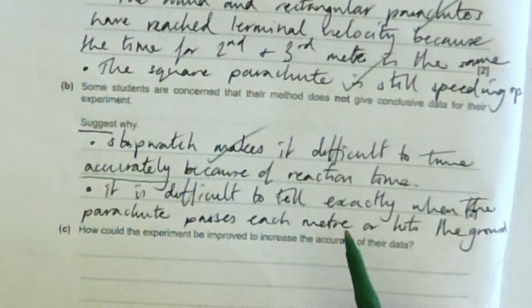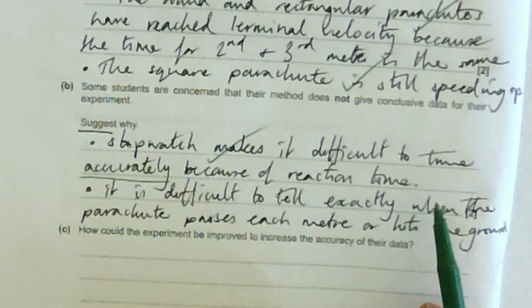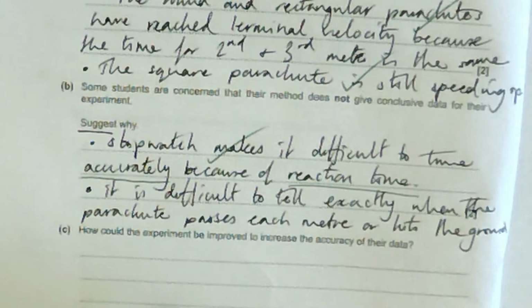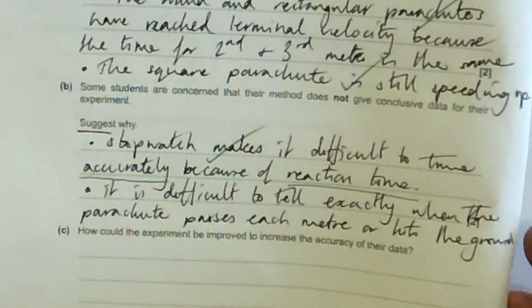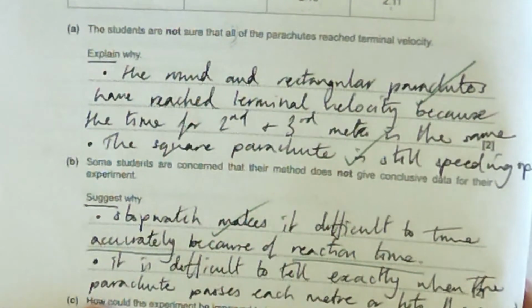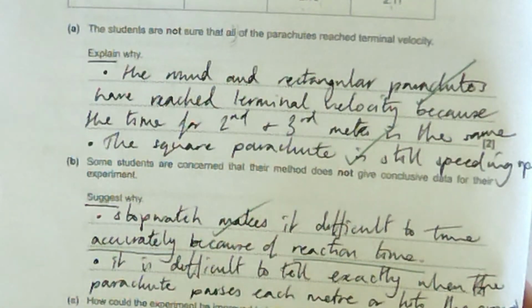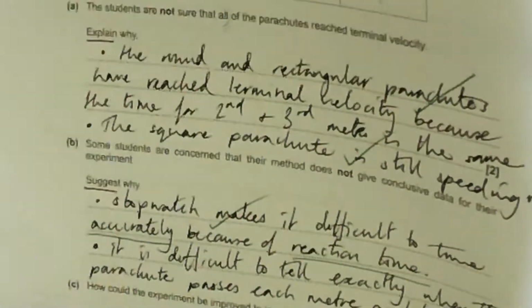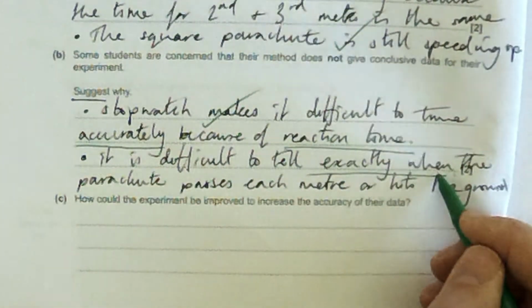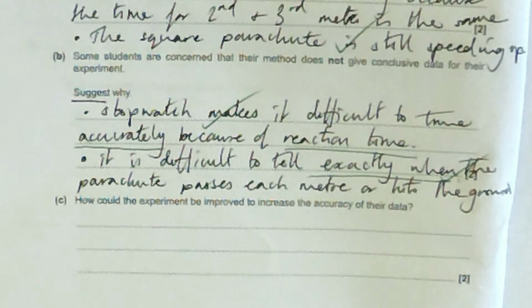It's not easy to time accurately because of human reaction time. Don't just say because of human error. We want to know in GCSE that it's about reaction time. Stopwatches are not the most accurate way to measure time because of human reaction time. And really you need this: it's difficult to tell exactly when the parachute passes each point.